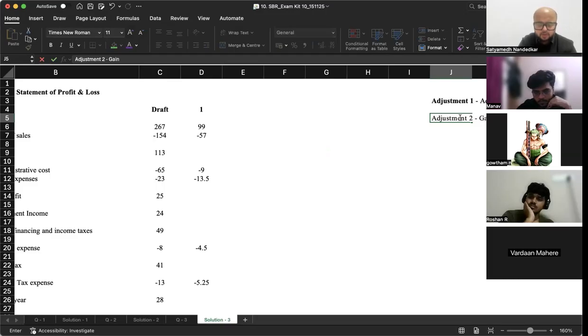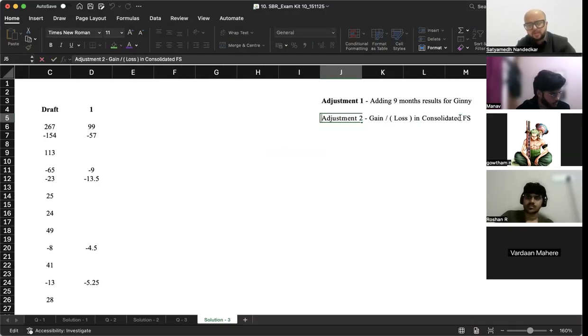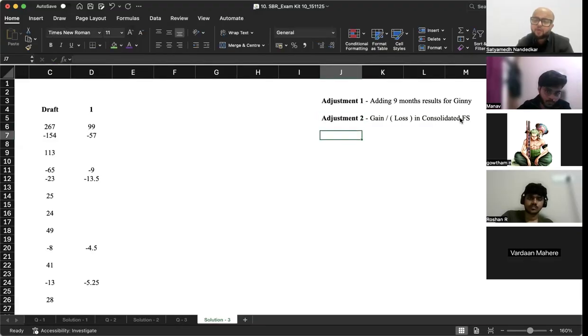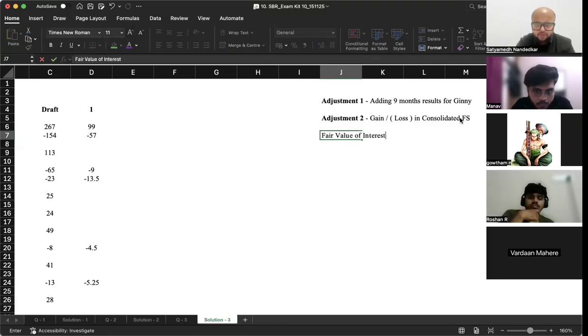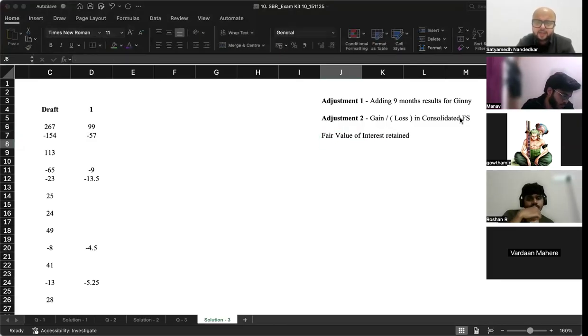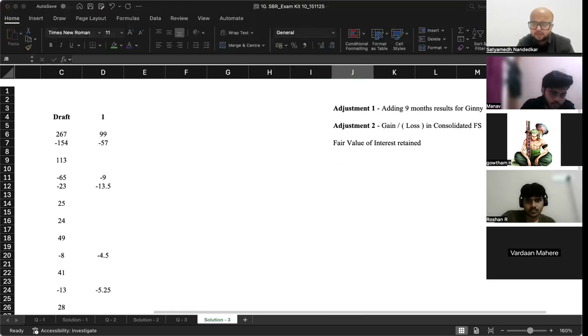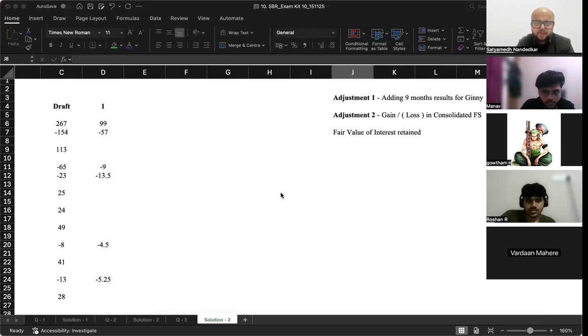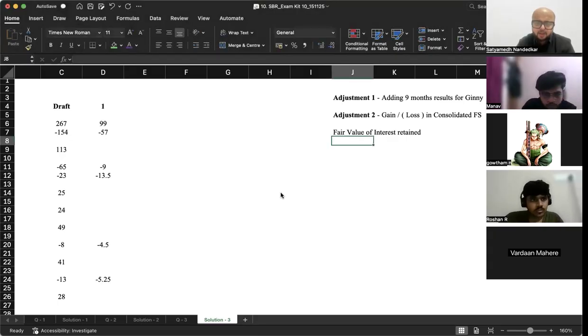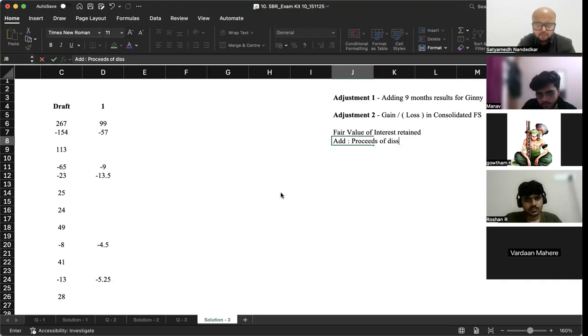Adjustment to gain or loss in consolidated financial statements. How do we go about it? Fair value of interest retained, 62. Add proceeds of disposal, 44.